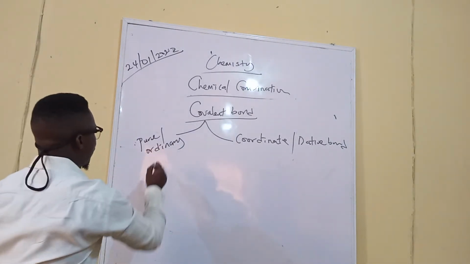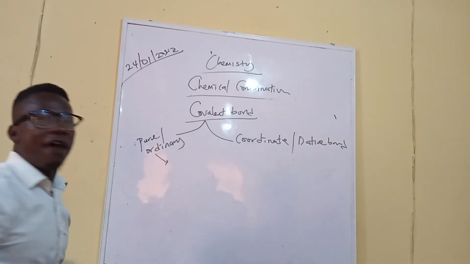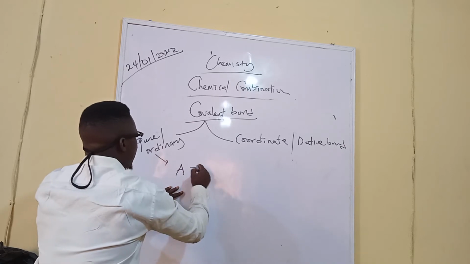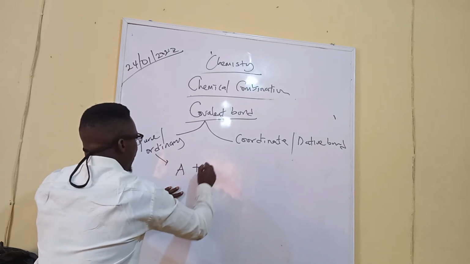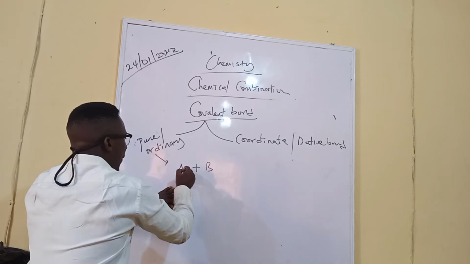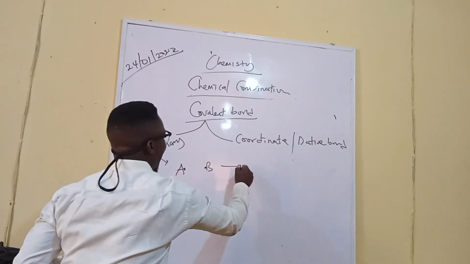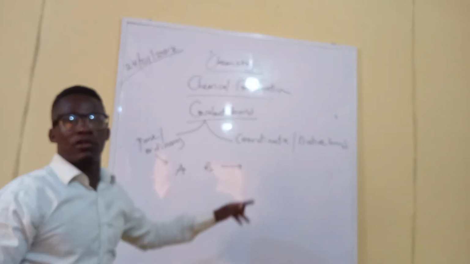Now what do we mean when we say pure or ordinary? In pure or ordinary, you have A wants to bond with B. Both of them have electrons, and then they donate their electrons for sharing.